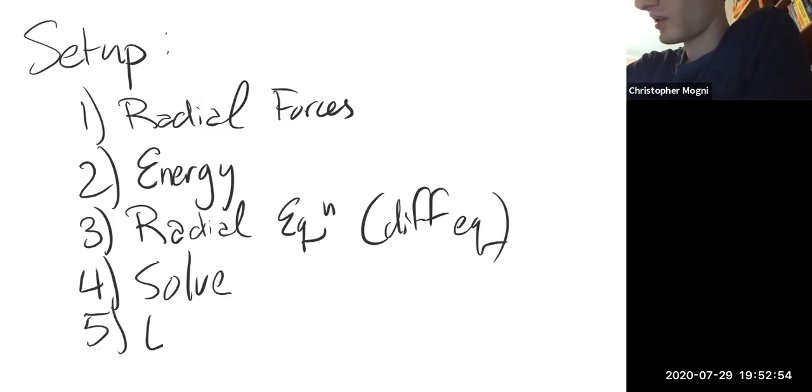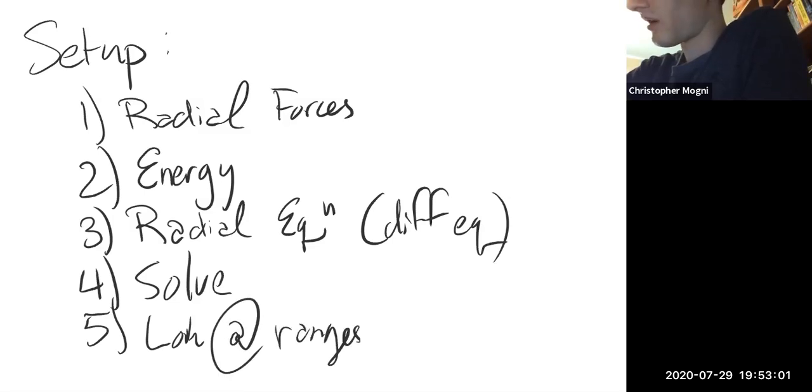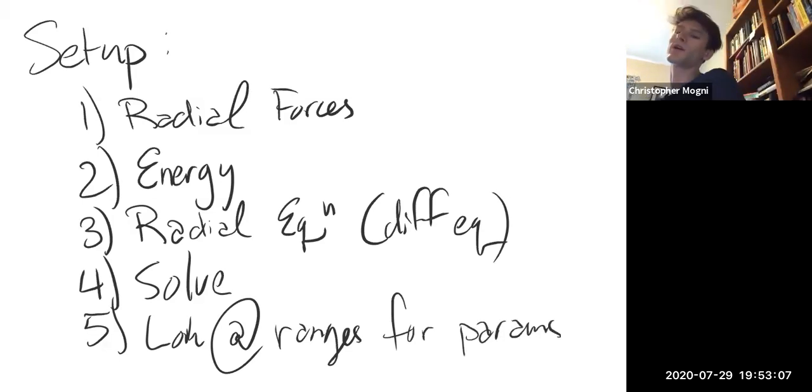And finally, look at ranges for the parameters in the problem. These parameters include the eccentricity of the orbit, because we are dealing with these orbital type problems.